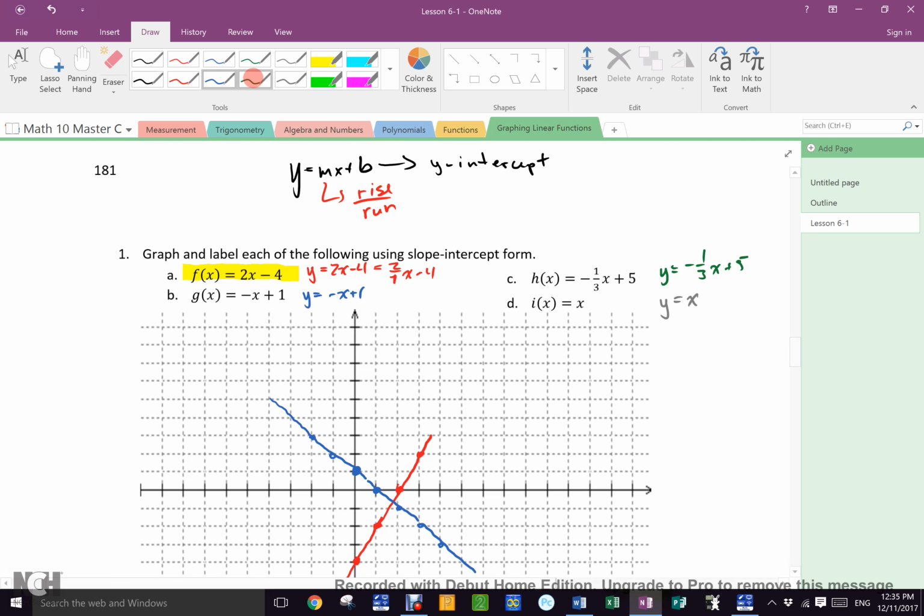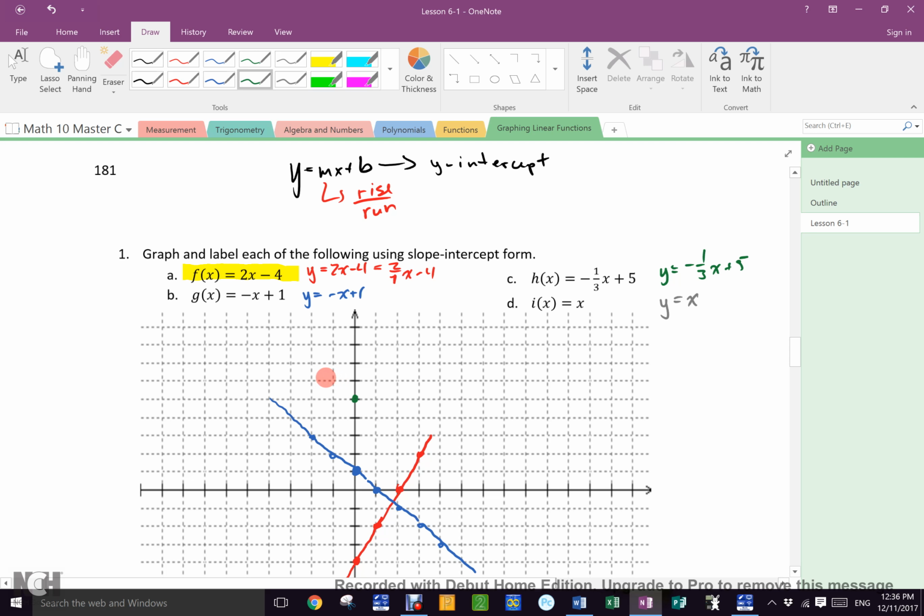Okay, where can I put a dot for the green one? +5. 1, 2, 3, 4, 5 on the y-axis. Now what? Up 1. Okay, then where's the next dot got to be? Don't say over. Up 1 and right 3, that would be +1 and +3.